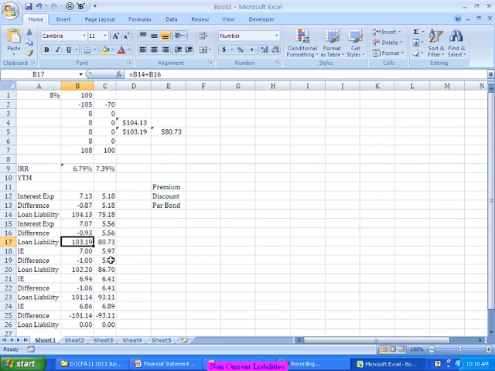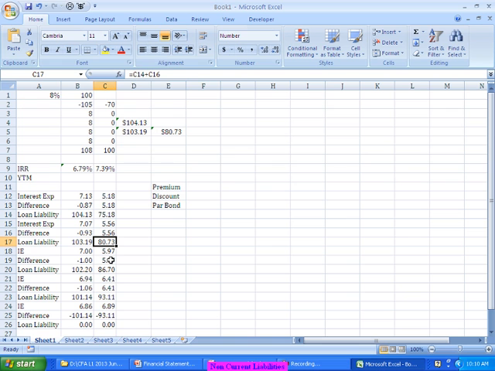If it is closed anywhere before maturity, we have to find out what the outstanding liability is at that time. So for bond number 1, at the end of 2 years, the outstanding liability is 103.19, whereas for this bond, the outstanding liability is 80.73.